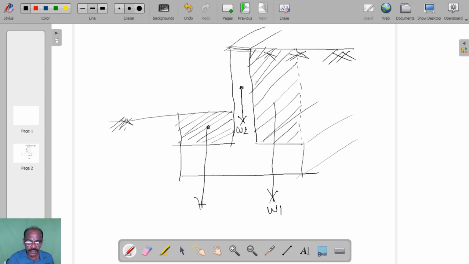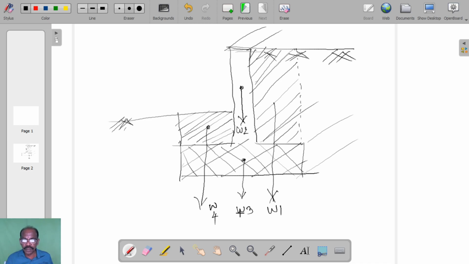This is W4. And W3 is the weight of the base slab. The base slab comprises the heel slab, toe slab, and some stump portion.